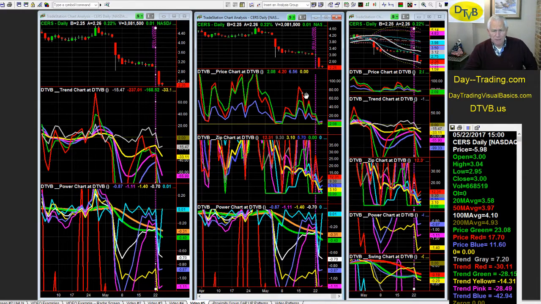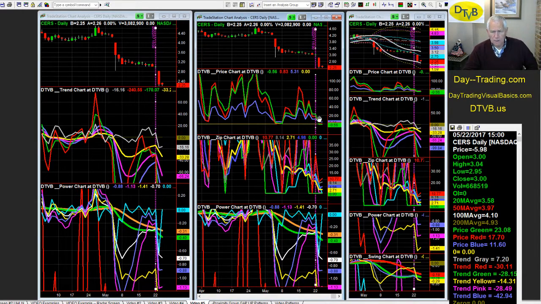We've got a gap here, and I'll just make a couple quick comments on it. If you just look at the price chart, you've got a green, red, and blue indicator. I think the green's at 20, the price green is at 23, and it's flat.